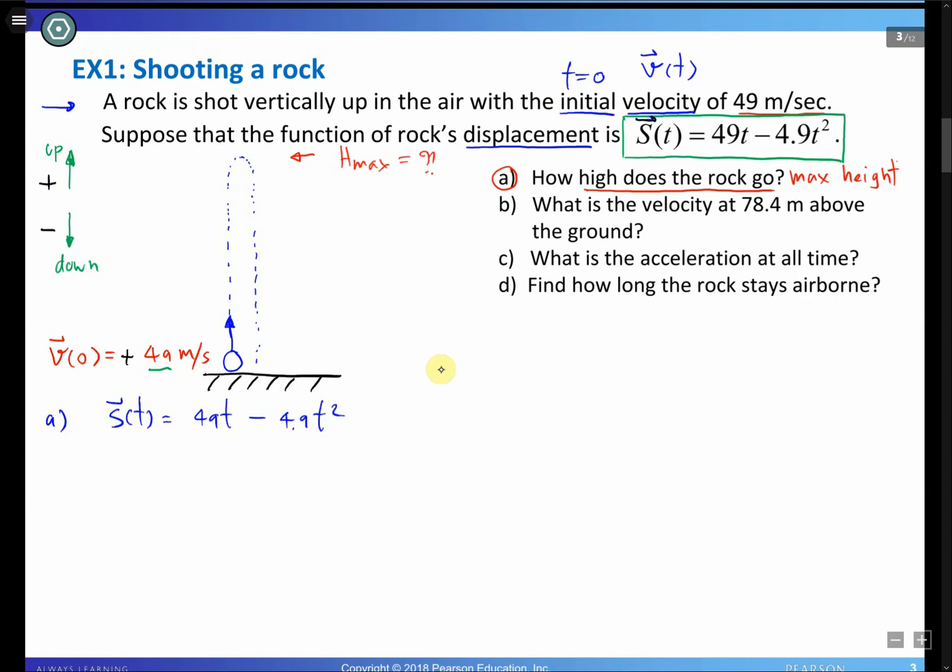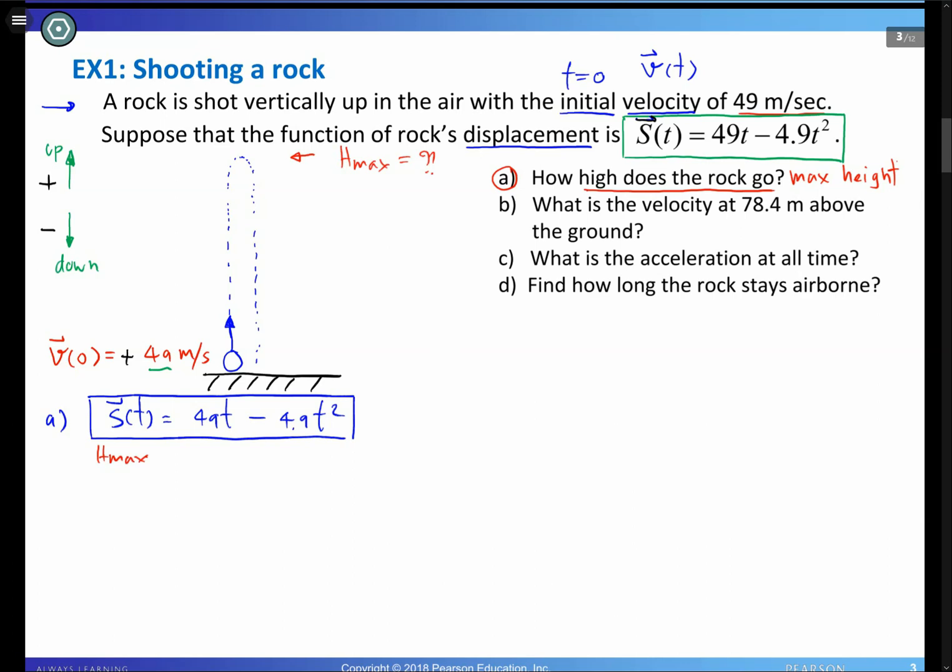So this is our main function right now. Displacement as a function of time, t. Now the question is, can we use this s of t to find h max, the value that we want to know? Can we use this to find the maximum height of the rock?